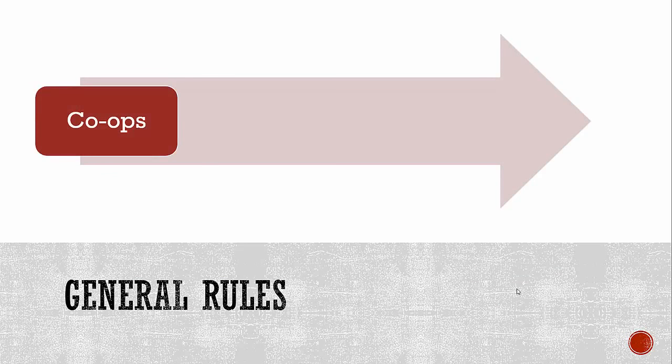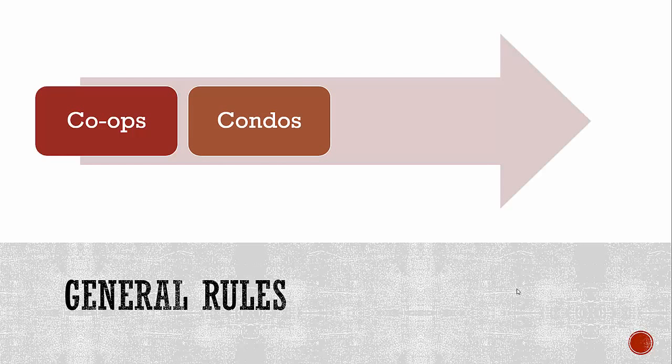I'd like to just touch upon a few general rules as we begin this. Obviously, there's a lot of technical details that come into effect with corporations. Since the main audience of this presentation will probably be in the co-op and condo realm, we're going to assume that everything we're talking about here refers to co-ops and condos specifically, and not every general corporation.